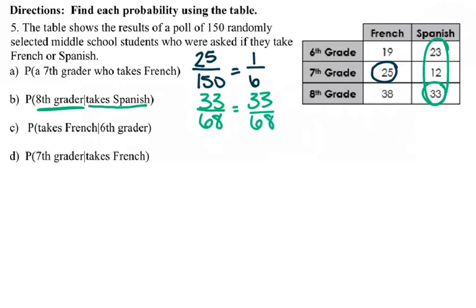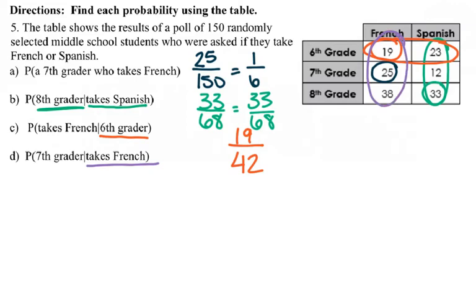Part C, I want to find the probability that they take French, given that they're a 6th grader. So my bottom number is going to be all the 6th graders, which if I add that together, I get 42. Out of those 6th graders, 19 of them take French, and that doesn't reduce. All right, and then the last one, we want the probability that they're a 7th grader, knowing that they take French.